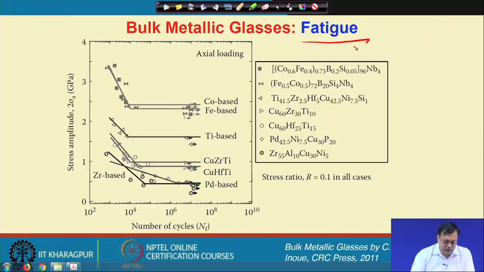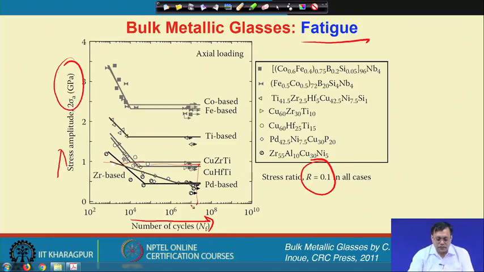You can see that at a stress ratio R equal to 0.1, we get a good stress amplitude value of, let us say, somewhat like 1 GPa, with a quite large number of cycles, somewhat like 10 to the power 8, which is a high cycle fatigue behavior.